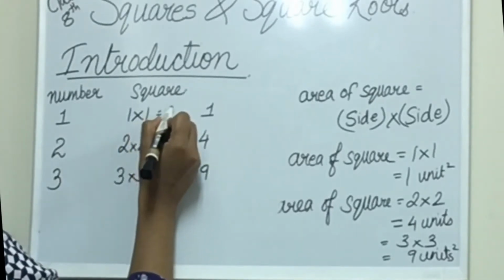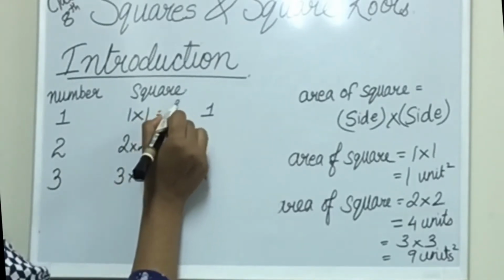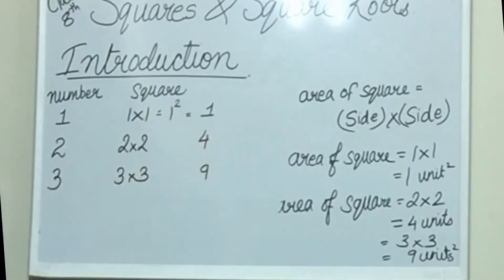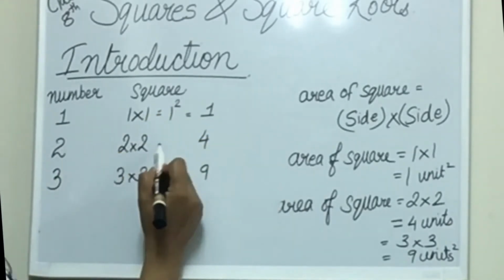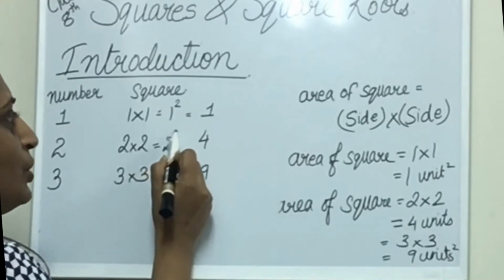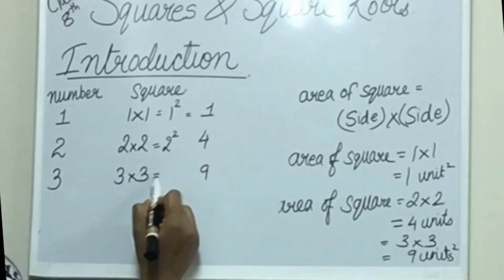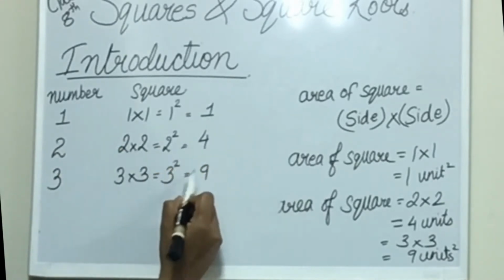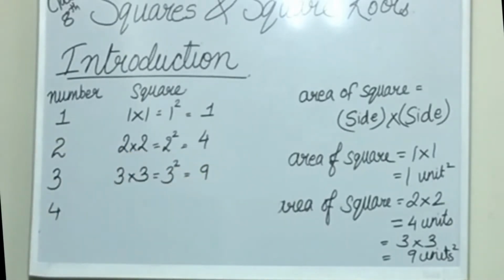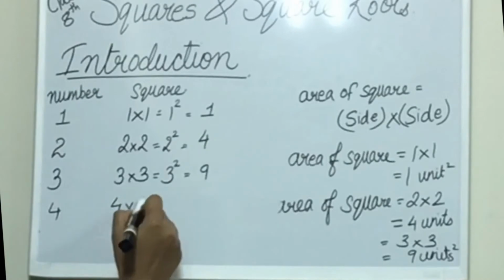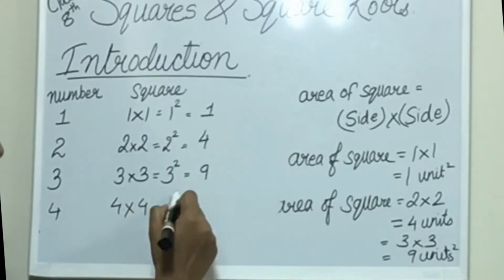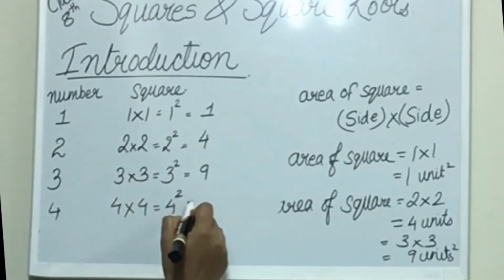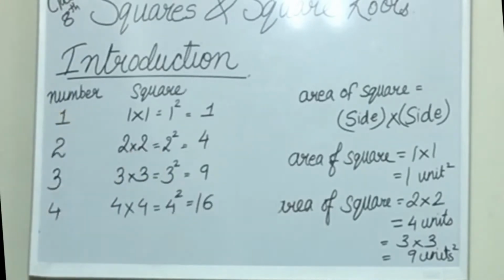I can write this 1 times 1 as 1 square. This 2 times 2 as 2 square. This 3 times 3 as 3 square. If the number would have been 4, then it would be 4 times 4 or 4 square, 16.